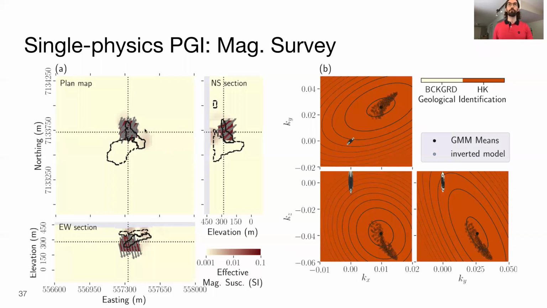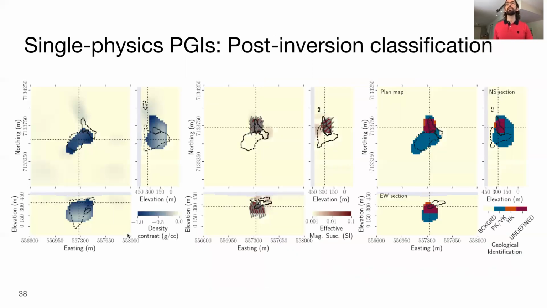We're well centered around the main body part of the HK bodies, except that we are missing this eastern extension. But same as in the synthetic, when I combine them together, I have a big area that has both gravity and magnetic response, which doesn't correspond to anything we know about the petrophysics in the area.